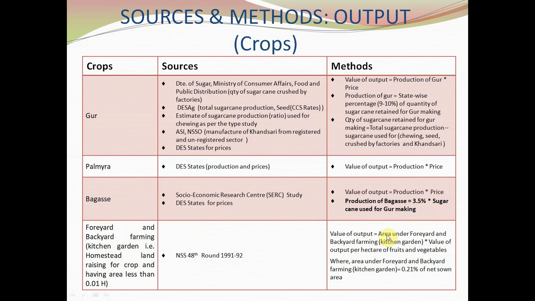For this, value of output is area under foreyard and backyard farming for kitchen garden into value of output per hectare of fruits and vegetables, because we are growing only fruits and vegetables in kitchen garden. Area under foreyard and backyard farming kitchen garden is taken as 0.21% of net sown area.